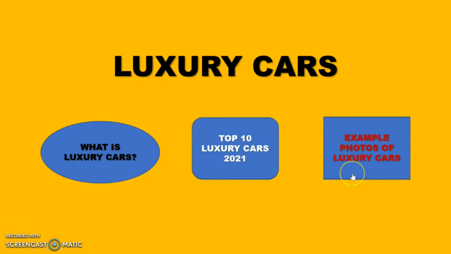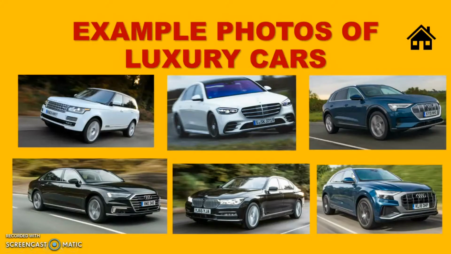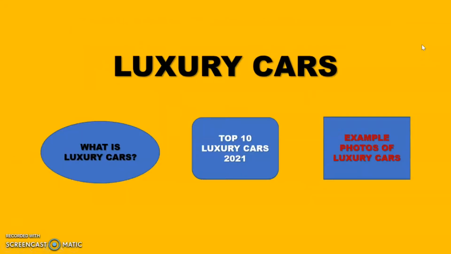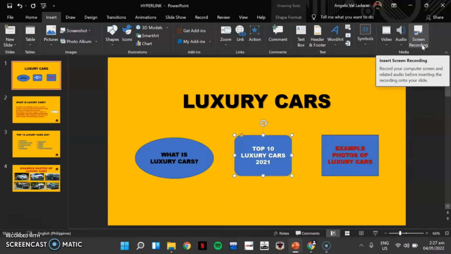When I click this example photos, it will go directly to our photos, and when I click the house again, it will go directly to our homepage. So that is basically the hyperlink working. This is very effective when presenting.